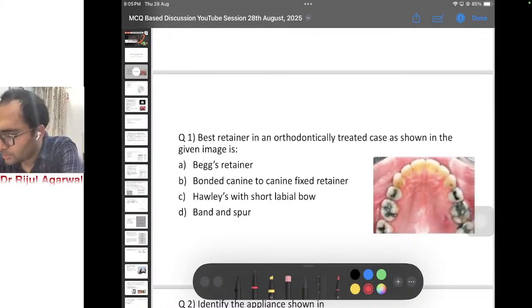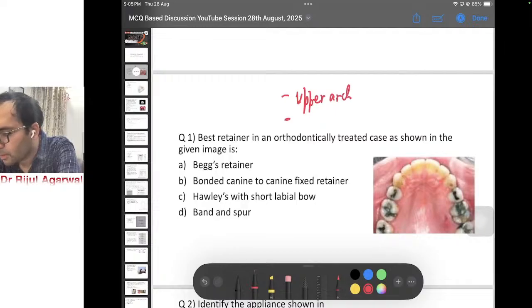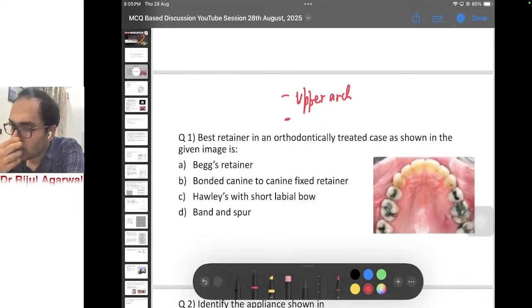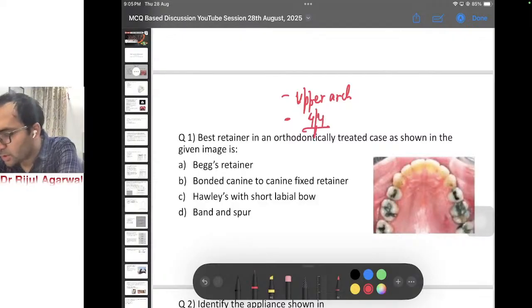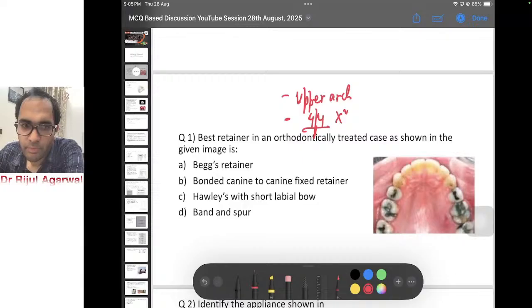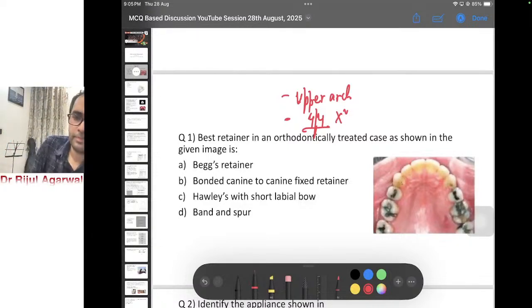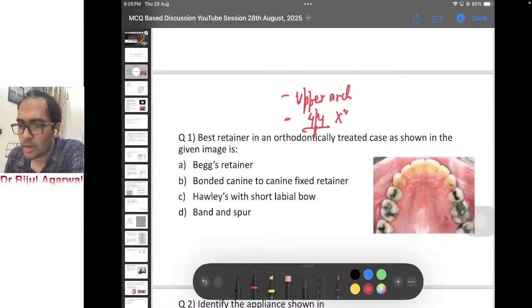If we can see the case, it's a case of upper arch. The image is of upper arch. The premolars are missing, so I assume it was a treated case with 4-4 extraction. Rit says option A, Begg's retainer. Ahana also says Begg's.